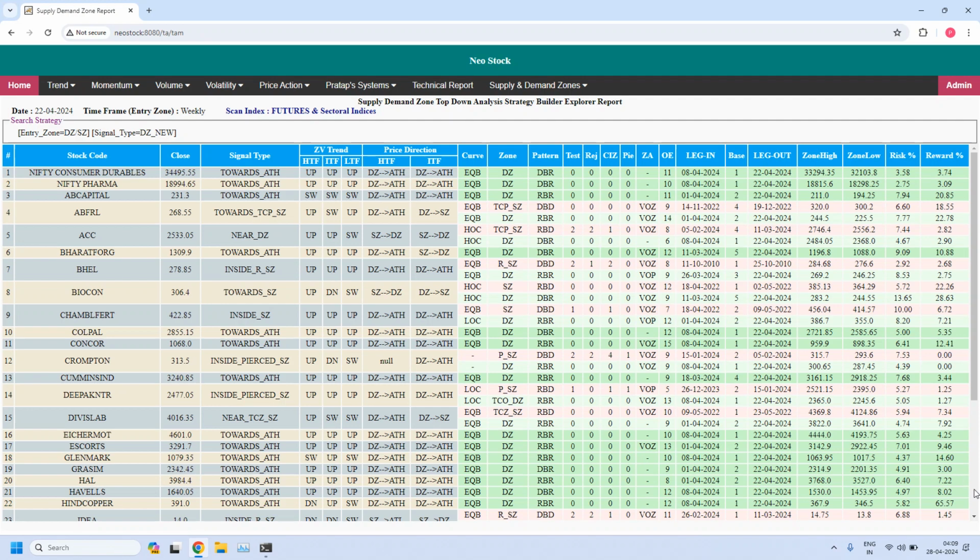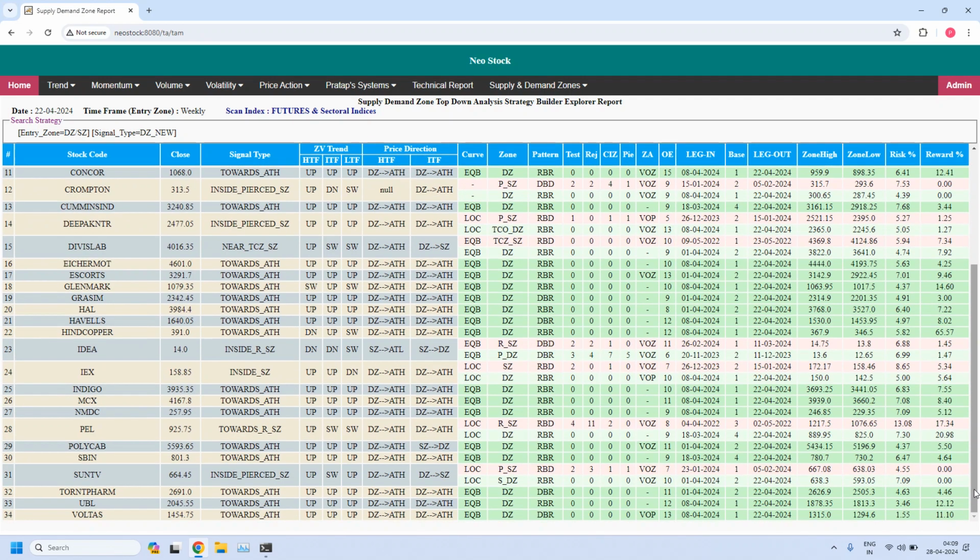So let me scroll down. So total 34 weekly demand zones are created during this week. So let me go back.